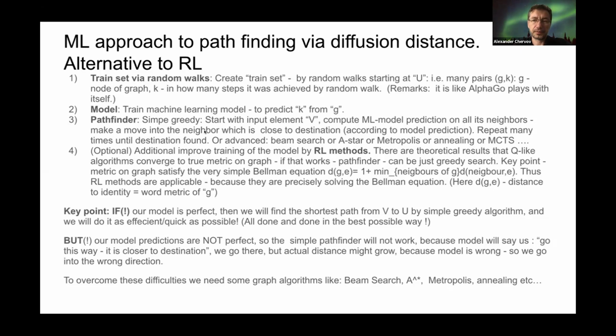Then you repeat, and so on and so forth. Finally, you hope you will find the destination. Of course, if our model is perfect, giving us exactly this K, then this approach will work and give us the shortest possible path, with minimal resources.